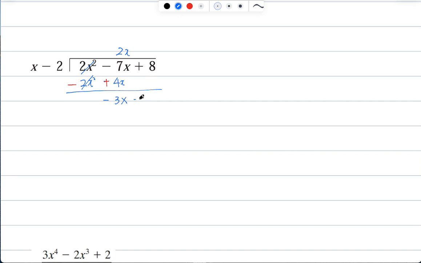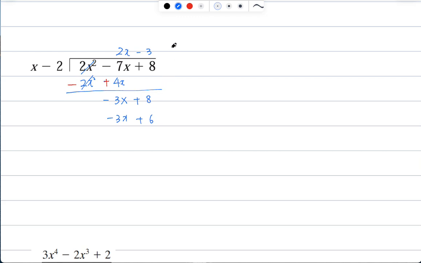Then next, 8 comes down. Negative 3x divided by x is negative 3. So negative 3 times x is negative 3x, and negative 3 times negative 2 is plus 6.